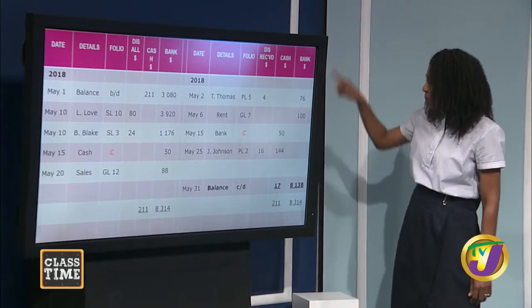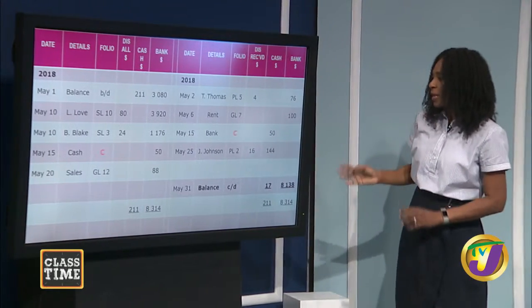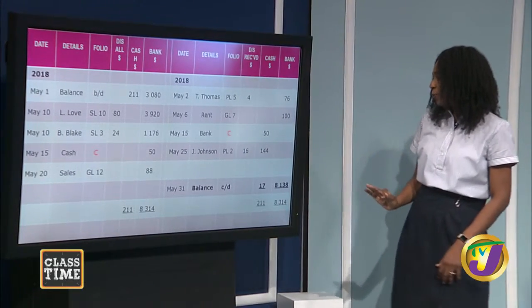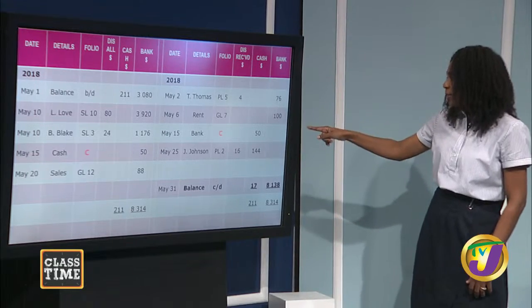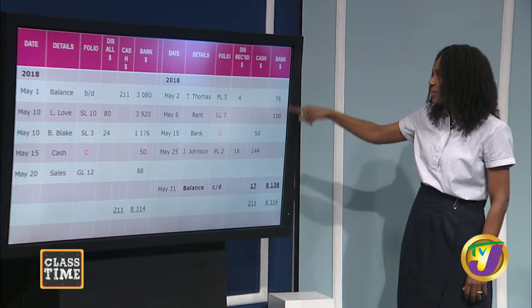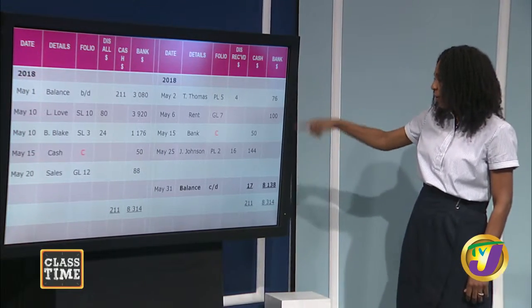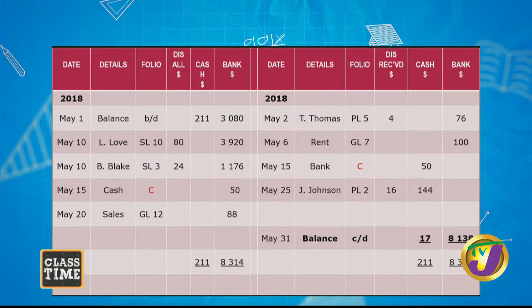I will subtract the difference of $176, which is the total on the credit, and I will get $8,138 as my balance. What this is simply saying is that after receiving cash of $211 and spending out of it $144, I only have $17 left at the end.